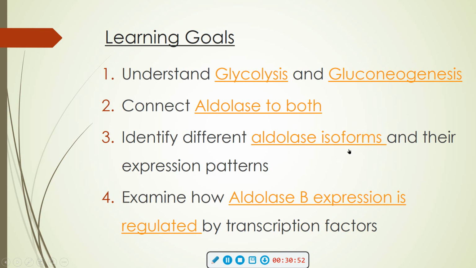Aldolase, in all of its different forms, is the enzyme that allows these two processes to happen in different organs, different parts of our body. And probably A and B are some of the most important ones, but B has a lot going on because it is regulated by all these different transcription factors.